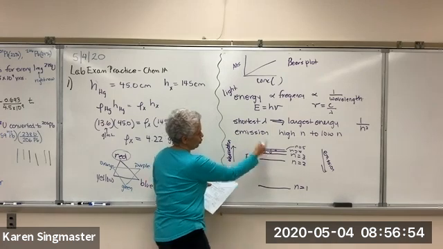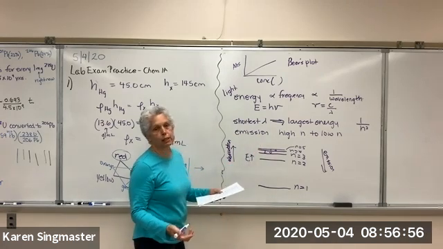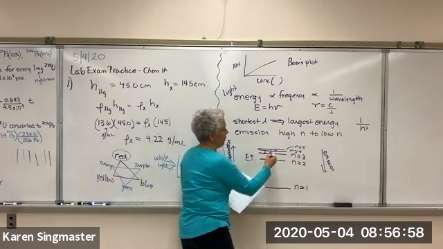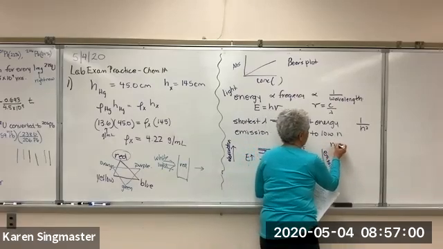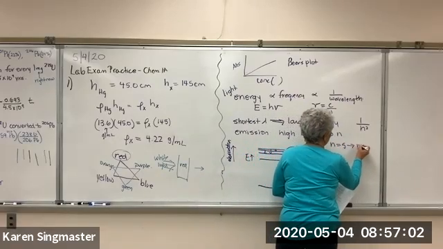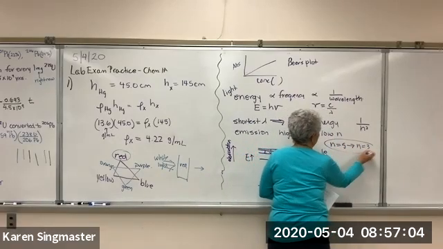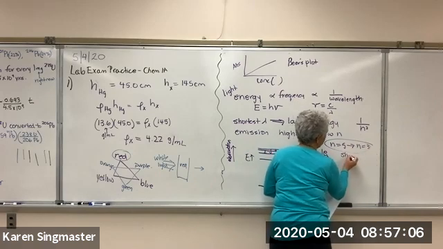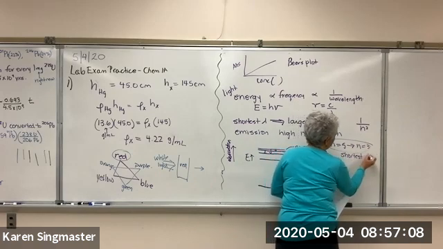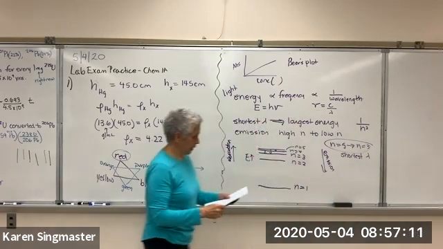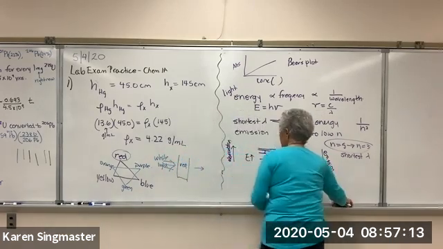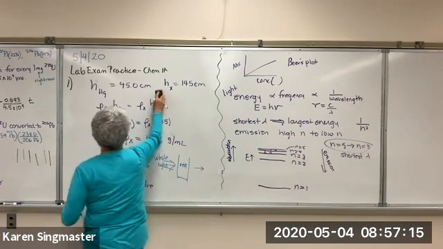So you're being asked which of those arrows going down is biggest. So it is 5 to 3. So n equals 5 to n equals 3 is the one with the shortest wavelength. Right? Again, I find it easier to just do the drawing.